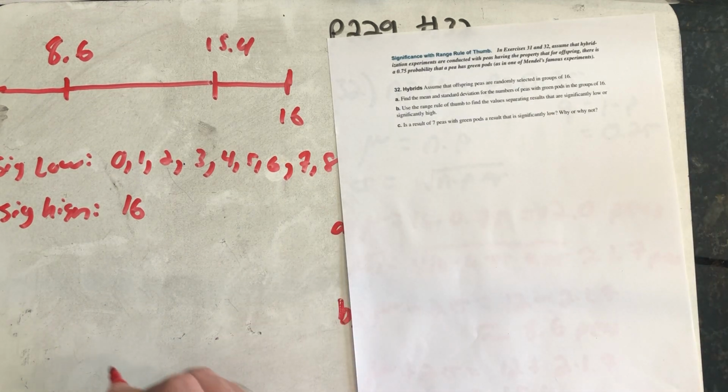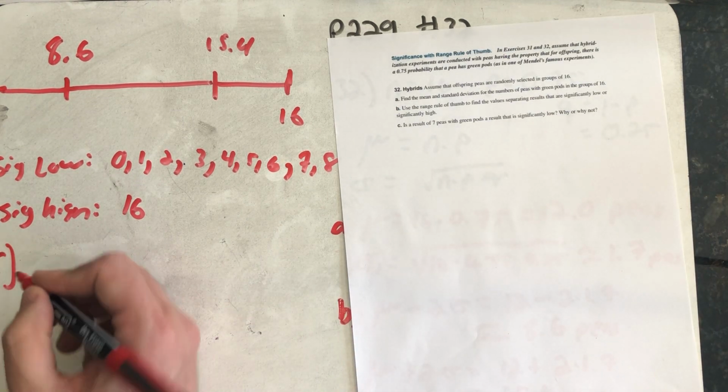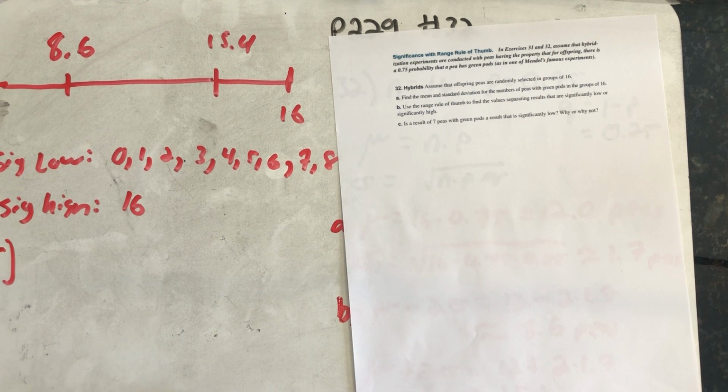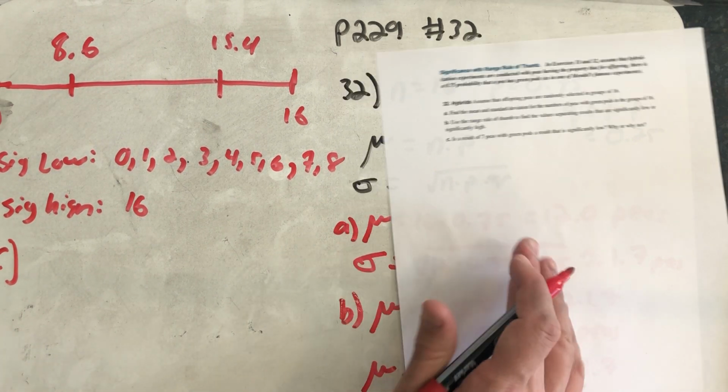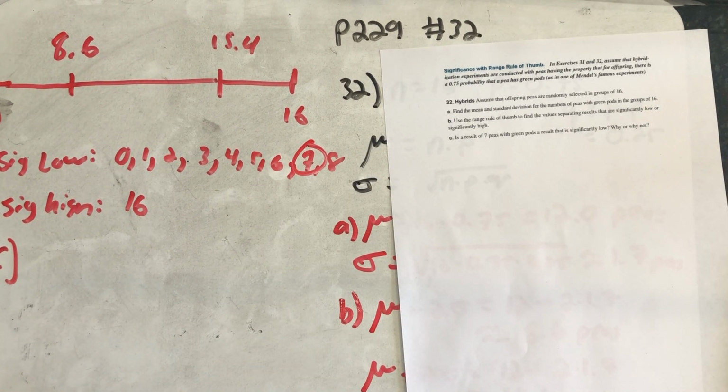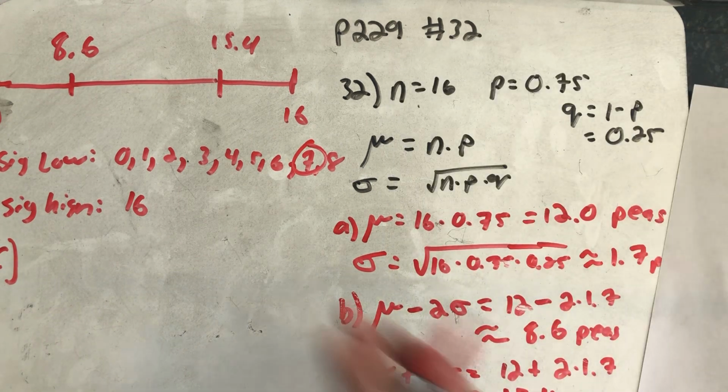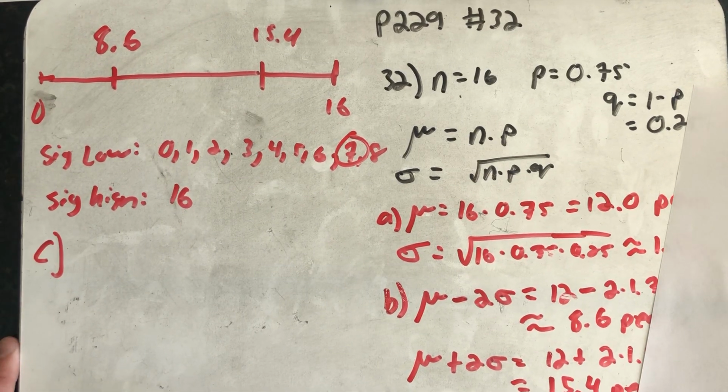All right, and part C finally, is a result of 7 peas with green pods significantly low? Well, yeah, it's on my list there, and it's on my list because it's less than that 8.6.